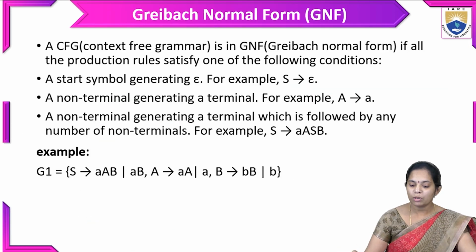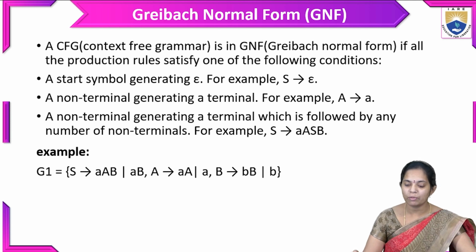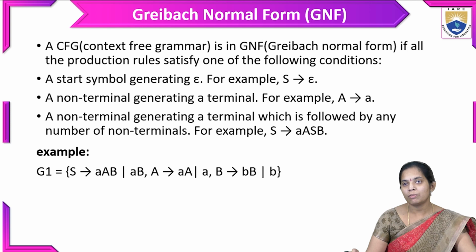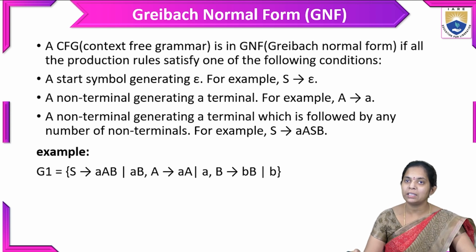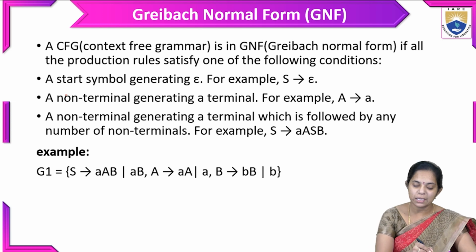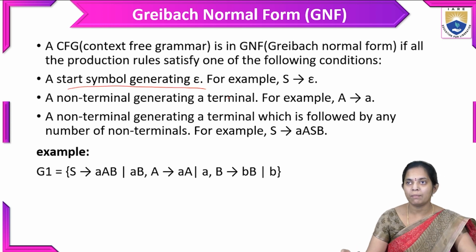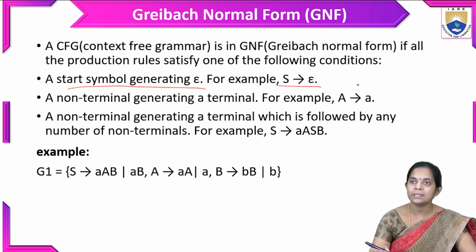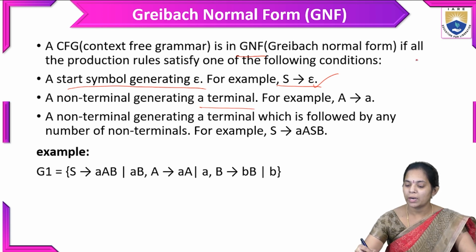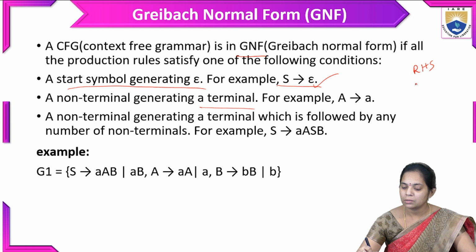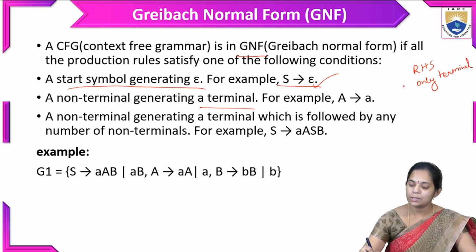A production rule in Greibach normal form satisfies one of the following conditions. In Chomsky normal form we have two conditions; here we have conditions as well. First, the start symbol generates epsilon, for example S tends to epsilon. If the grammar contains this kind of production rule, it belongs to GNF, Greibach normal form. Another condition is that the non-terminal generates a terminal, so the right-hand side has only a terminal.